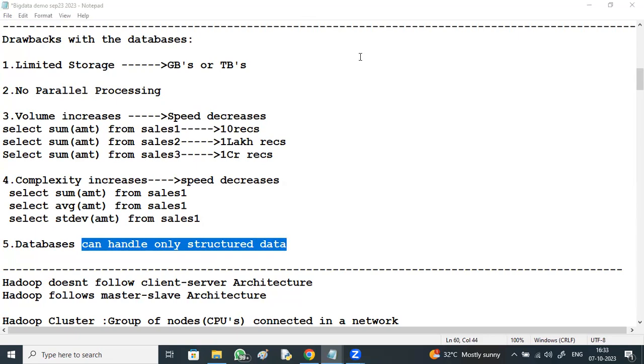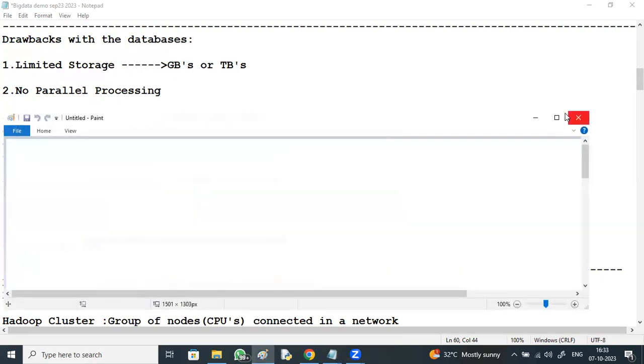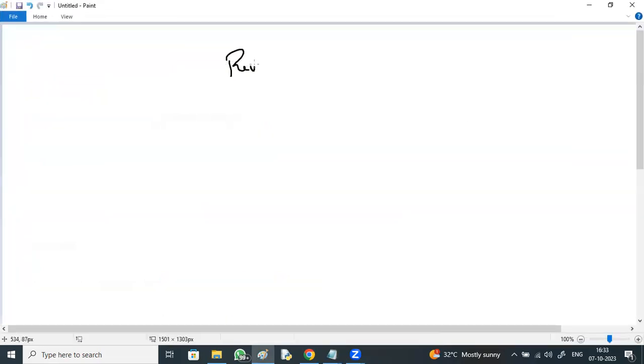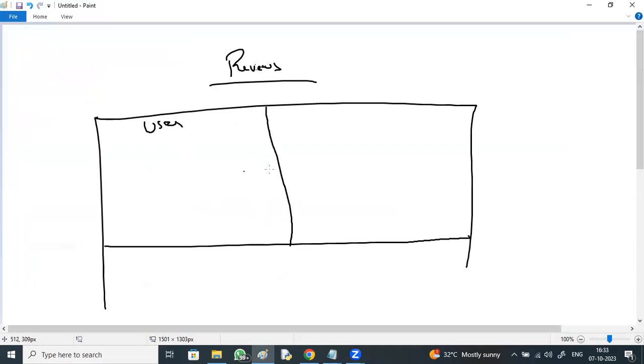For example, if you want to take reviews for a particular movie, this is a reviews table in a structured way, with user and review columns.